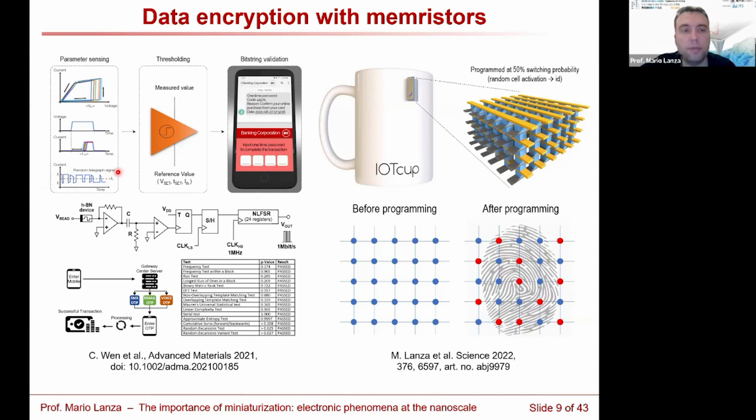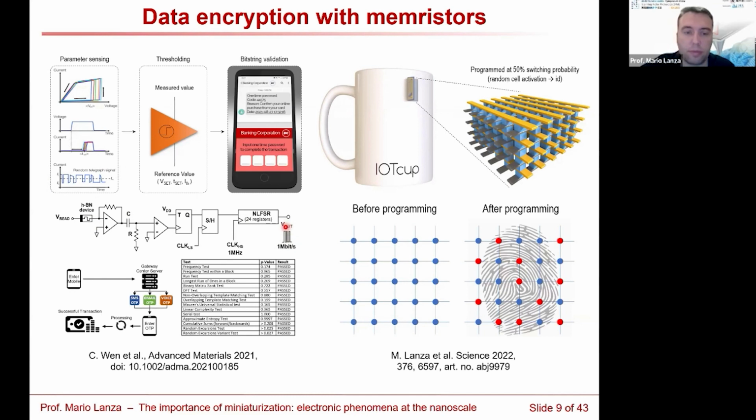So based on this, one could exploit this source of randomness in an electronic circuit to produce random numbers, 1s or 0s.